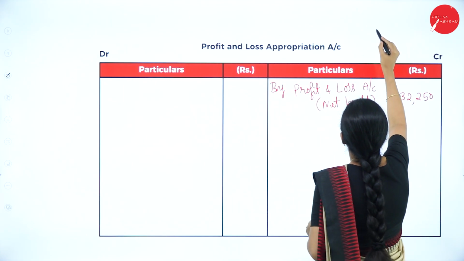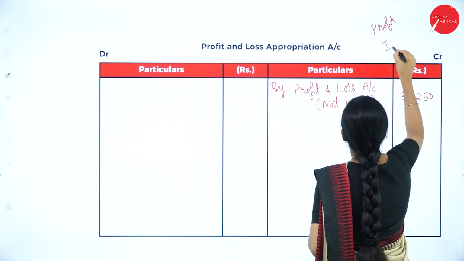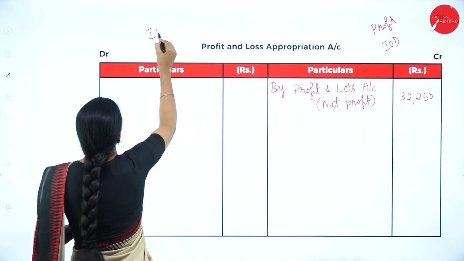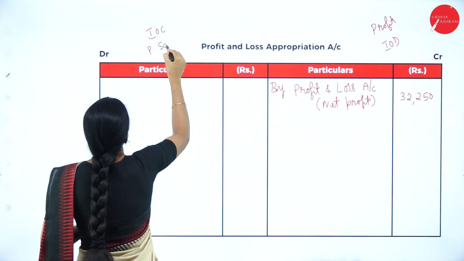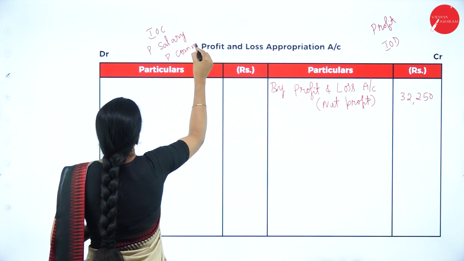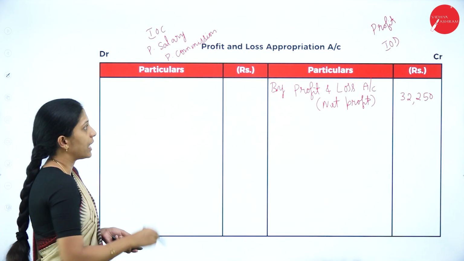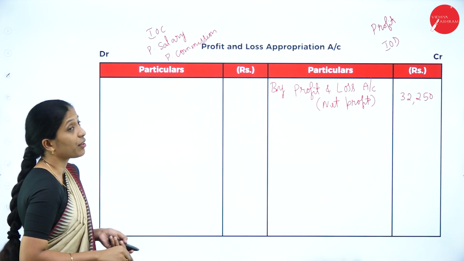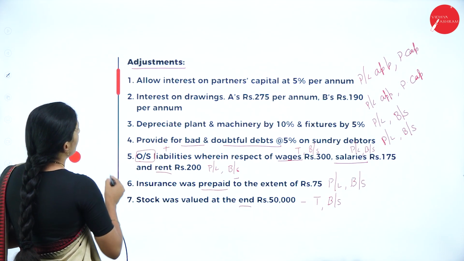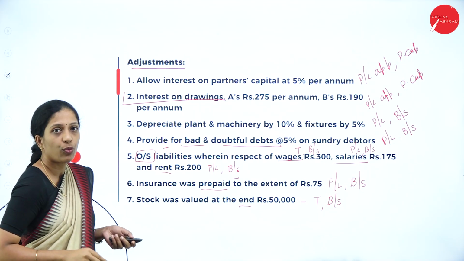Now in your credit side, what do you record? Only two items: one is profit, the other is interest on drawings. Coming to your debit side, you will record interest on capital, partners' salary and partners' commission if they have been given. So this much you have to record in your debit side. Now let us see whether we have interest on drawings. They'll give it in the adjustment. Yes, they have given interest on drawings: A 275 and B 190.